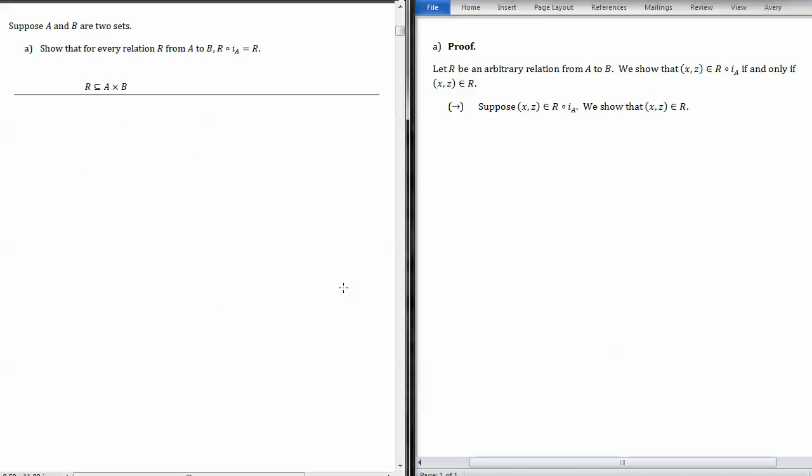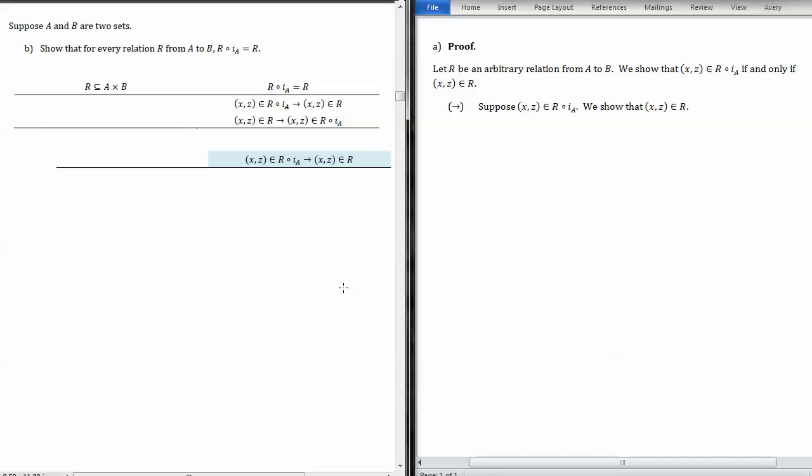We have R as a relation from A to B, and we're trying to prove this equality. So for that, we let x, z be an arbitrary ordered pair, and we're going to show that it's in the left side if and only if it's in the right side. So I've already broken that down into two conditionals here. And let's take them one at a time. So for the first one, we can do direct proof, bring the antecedent over as a given.